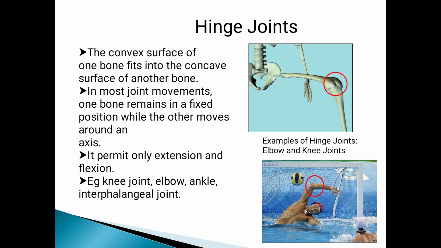That is, only one bone remains in a fixed position and the next one rotates around its axis. So it permits only extension and flexion. This type of joint is found in the knee joint. Then we have an elbow joint, then ankle and interphalangeal joint.